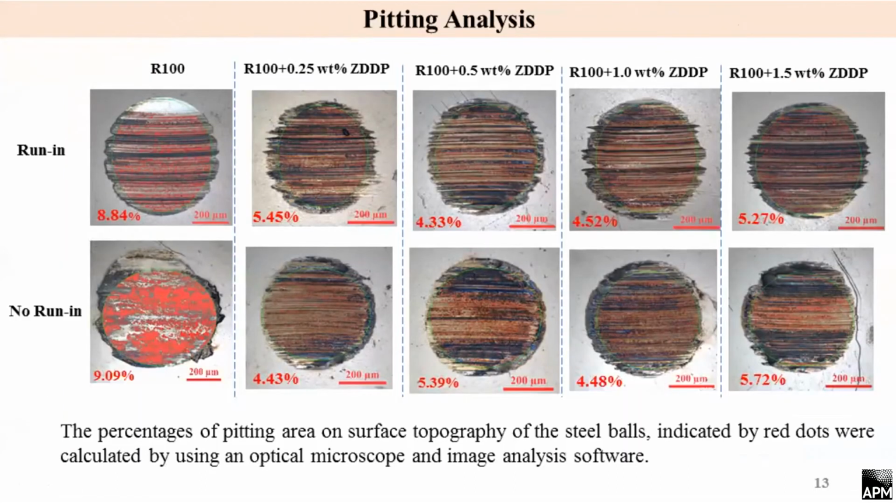From the wear scar morphologies, we perform the pitting analysis. The percentage of pitting area on the surface of the steel ball, as indicated by the red dots in this figure, was calculated using an optical microscope and image analysis software.